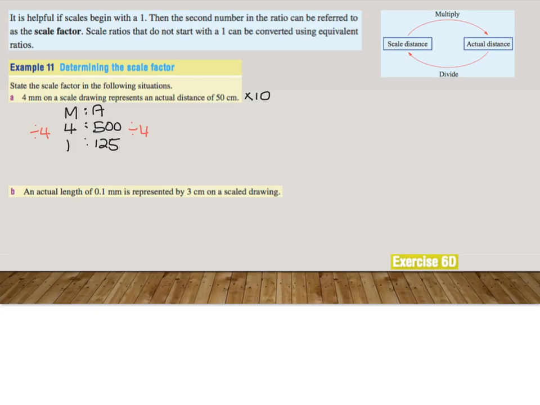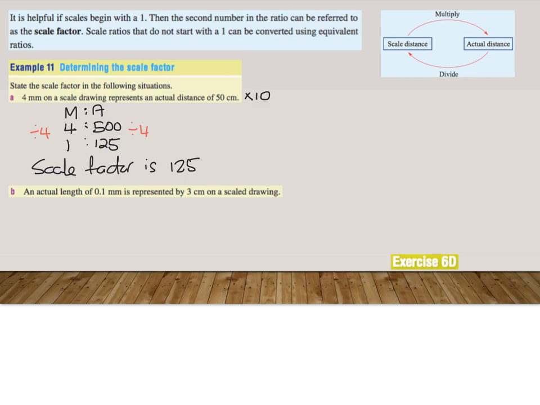So the scale factor is 125, which means that in real life, the real model will be 125 times bigger than what it is on our drawing.